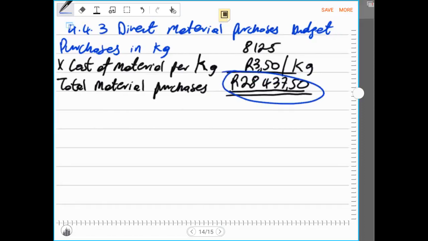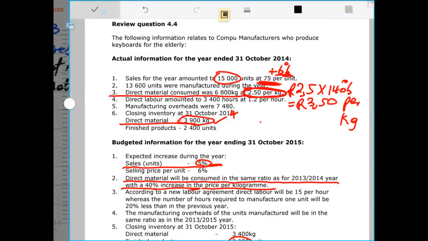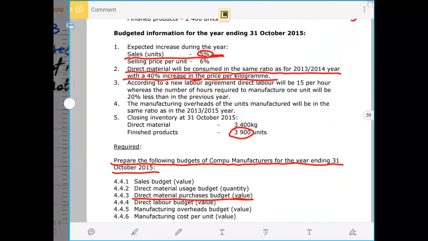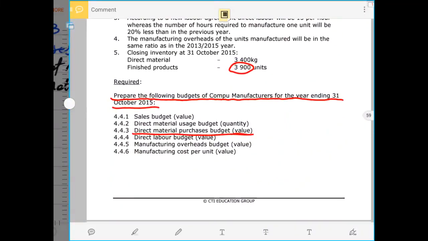Therefore now we must go to the next requirement once again. The next requirement requires us to calculate the direct labor budget in rands.